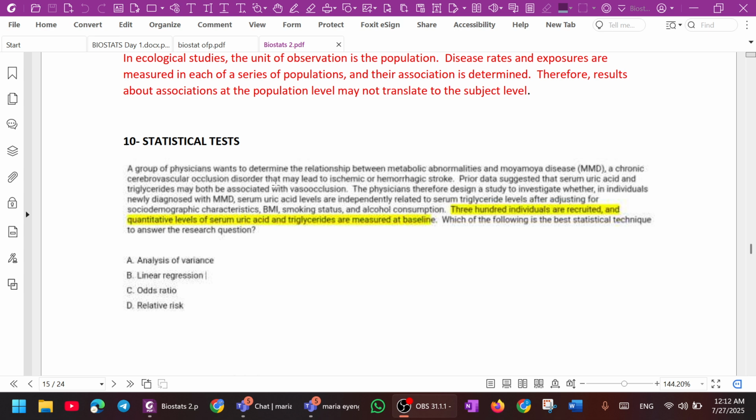Which of the following is the best statistical technique to answer the research question?